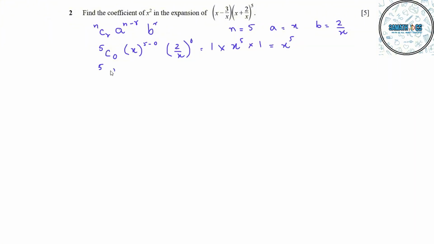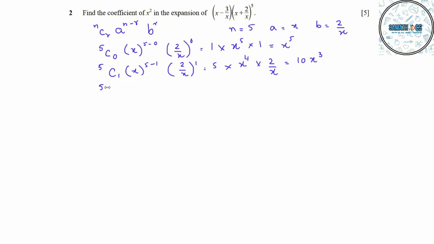Then we'll do 5C1, x power 5 minus 1, 2 upon x with power 1, which is equal to 5C1 is 5. X power 5 minus 1 is x power 4. 2 upon x with power 1 is 2 upon x. So when we solve it, 5 multiplied by 2 is 10. X power 4 divided by x is 10x cubed.